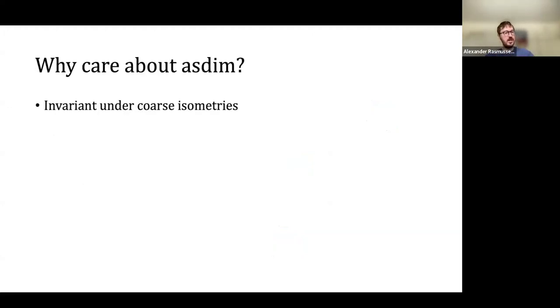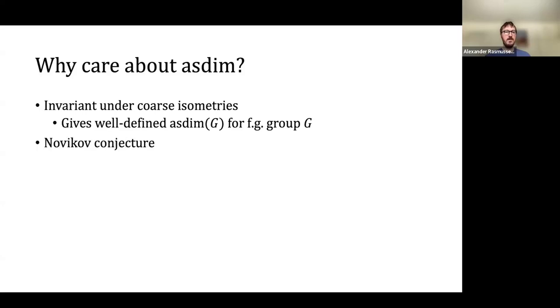So why should we care about asymptotic dimension? Well, the first main reason to care is it gives us a group invariant. It's invariant under coarse isometries. This is weaker than quasi-isometry. In particular, this gives you a well-defined asymptotic dimension for a finitely generated group. The other main reason to care is the Novikov conjecture.